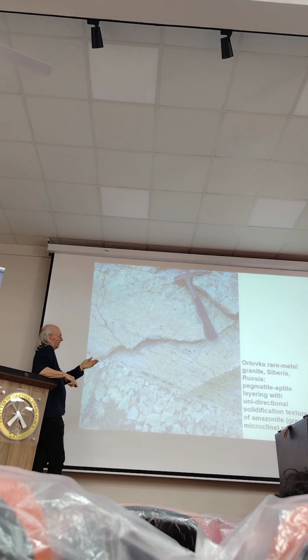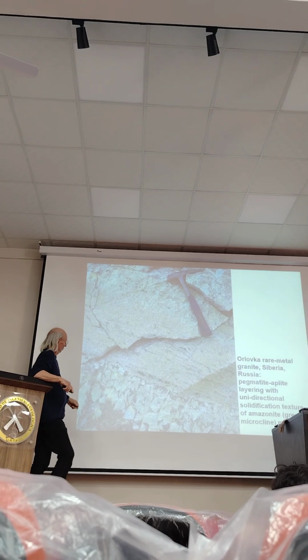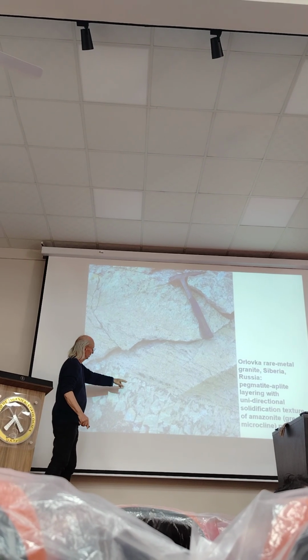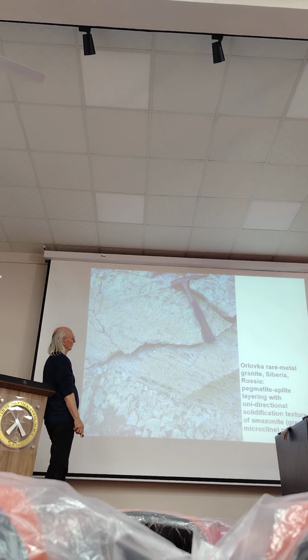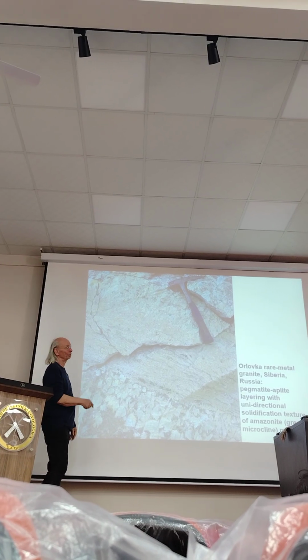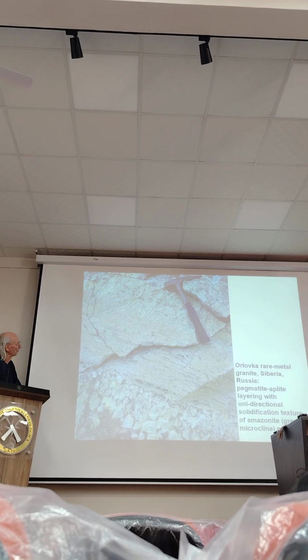Amazonite, which is K-feldspar, is actually greenish. So these are K-feldspar crystals. This was the most important tantalum deposit in the former Soviet Union.